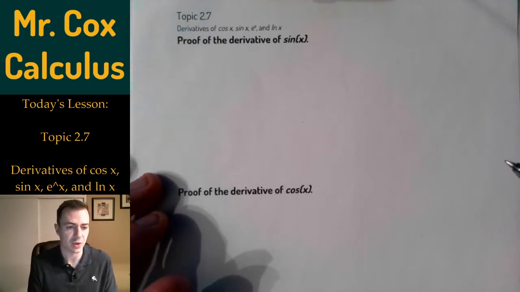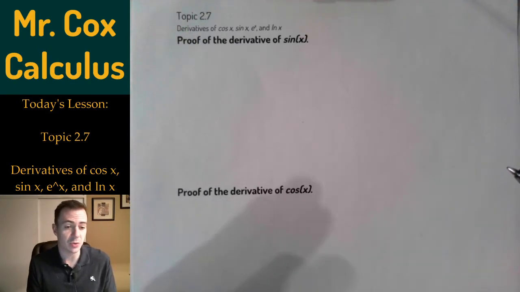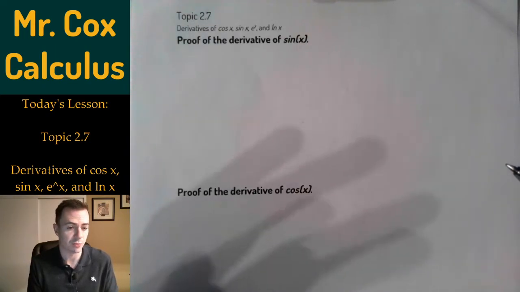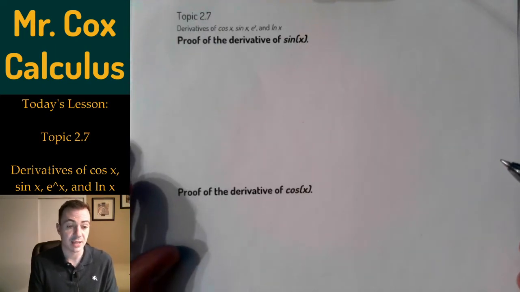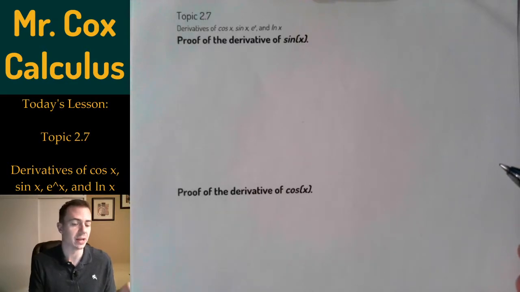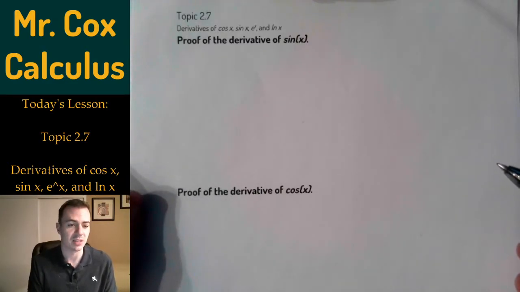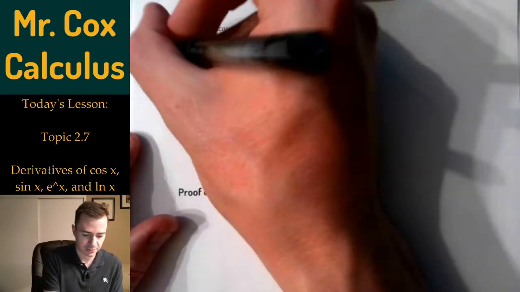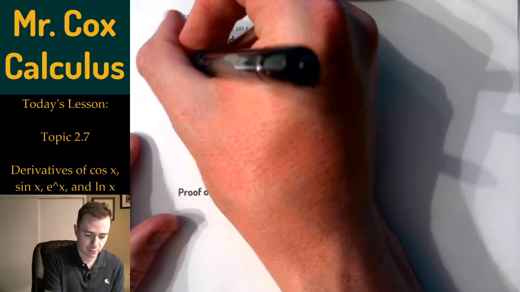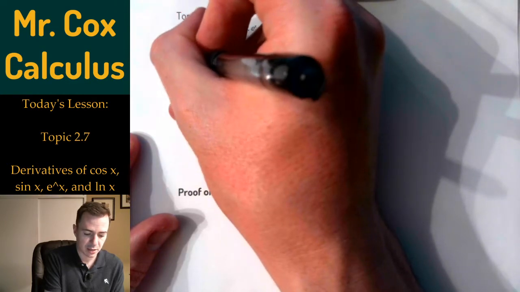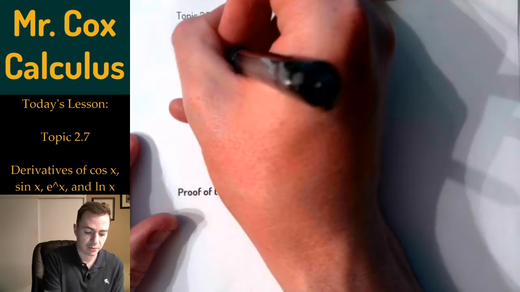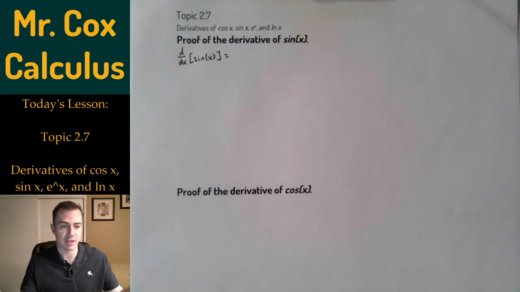It's relatively straightforward. I like doing the proof of this because one, it reinforces the limit definition, and two, it actually uses a couple of statements that we did back in Unit 1. So if I want to find the derivative with respect to x of sine of x, I want to say, if I have the function sine of x, what's its derivative?